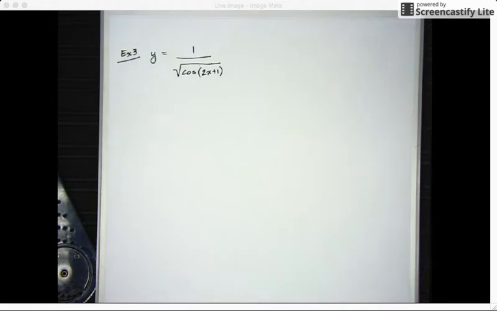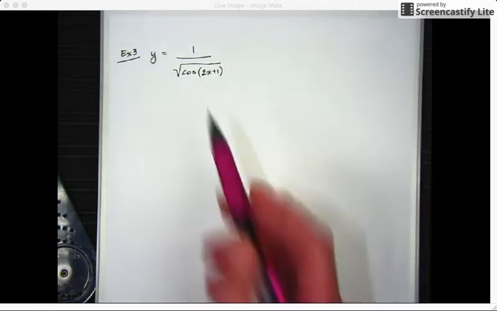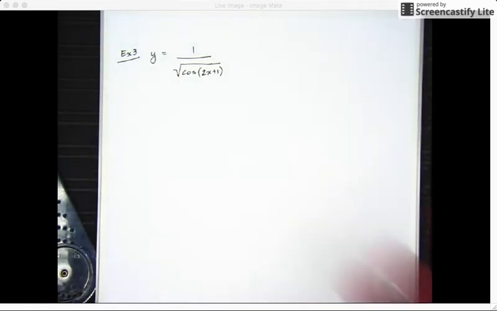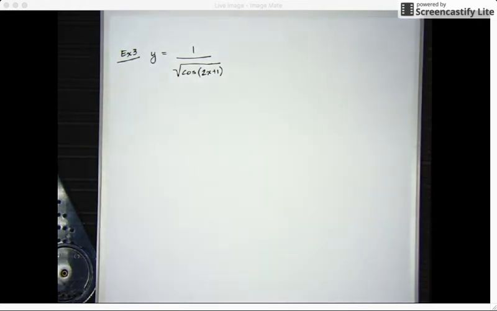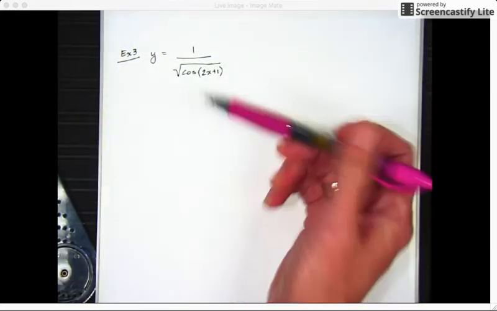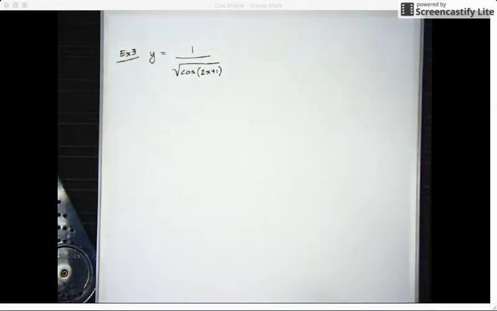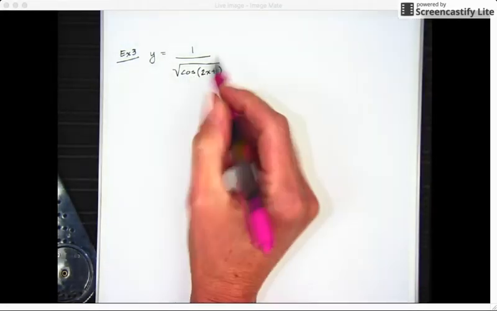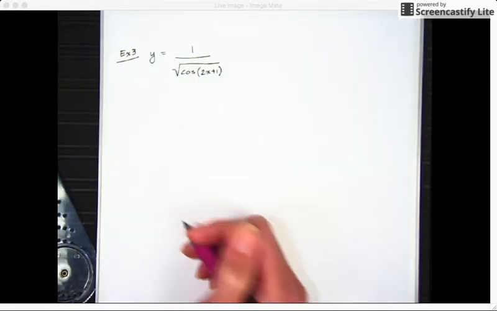All right, third example. Square roots and radicals, not everybody's favorite, because you end up having to deal with fractional exponents. So you could do quotient rule here, but now we can finally do chain rule and avoid doing a quotient rule in this case, and that would be by rewriting this denominator and moving it to the numerator.